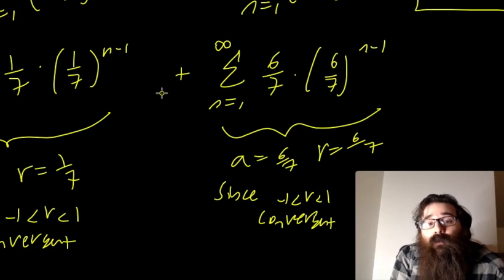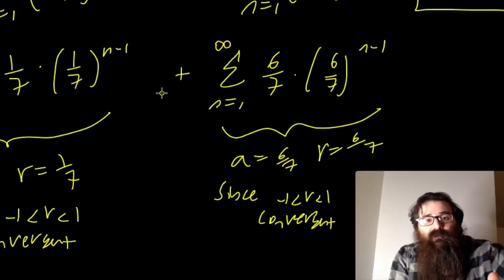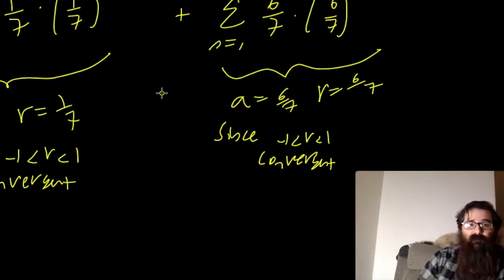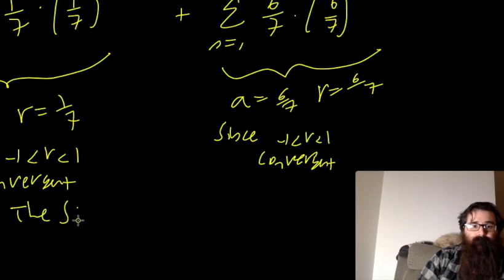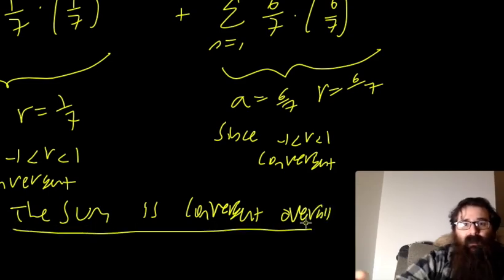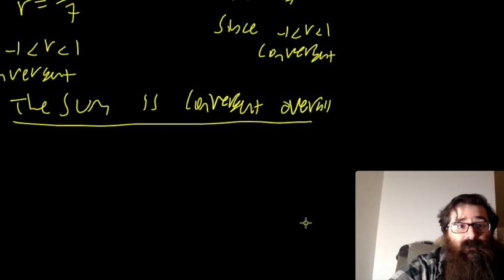And if I want to know what this is going to converge to, I should be able to find it. So I can comment first. I can say, well, this means it's convergent overall. So we'd say the sum is convergent overall, since both of these are convergent. And what does it converge to in total?